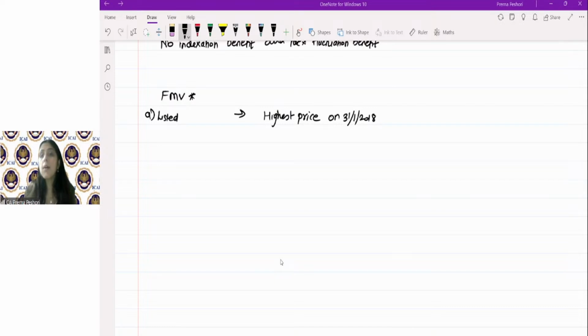This is what I'm talking about as the fair market value if the shares are listed as on 31st January 2018.